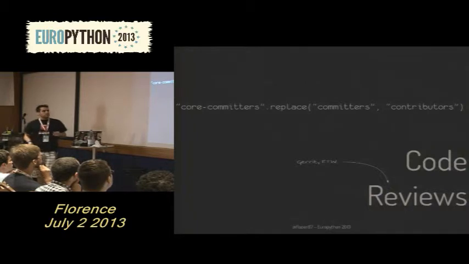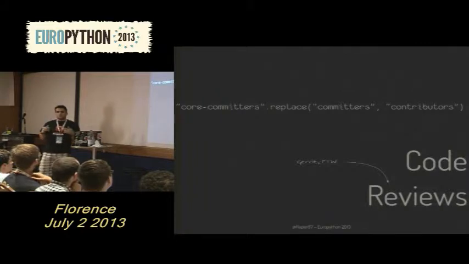So we don't have core committers. We just have core contributors. So nobody can commit anywhere. When you contribute to a single project, we use Git, obviously. So you don't use git push or git commit. You just do git review, right? Well, you use git commit, but you do git review.